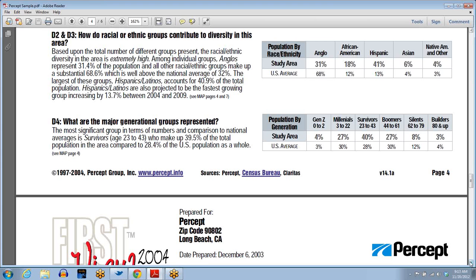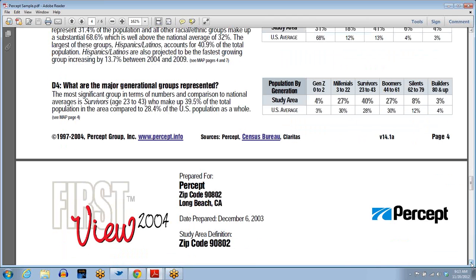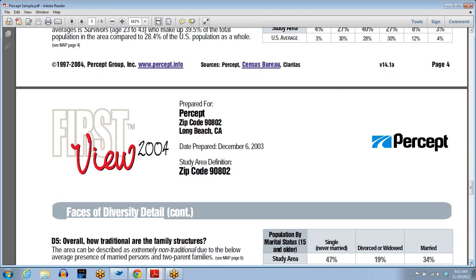But if you're charging after the survivors, 23 to 43, you've got a higher percentage of them in this area as compared to the U.S. average, and you can go after them. But then you've got to know where they are, because we're told that while we're going, or to go get them and pursue them. So you've got to find out where they are and how you're going to reach them.